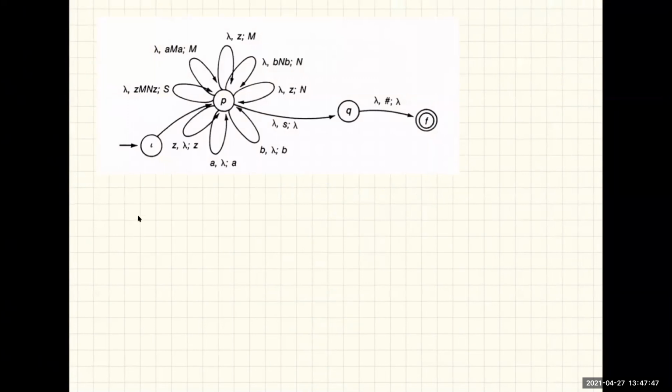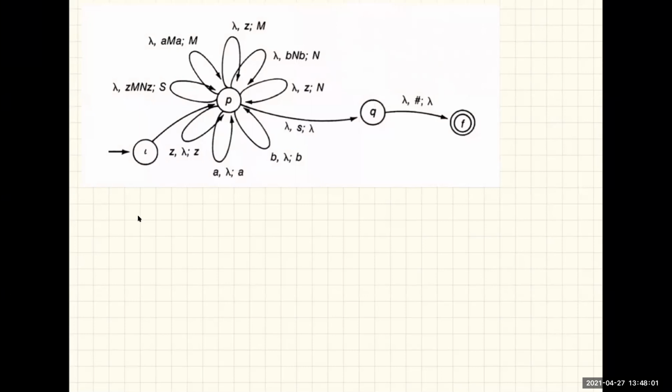So again, I will copy paste from our book. Okay, this is it. This is the second way of doing it. And of course, this is designed for the same grammar we have been working on, the Zaza grammar.